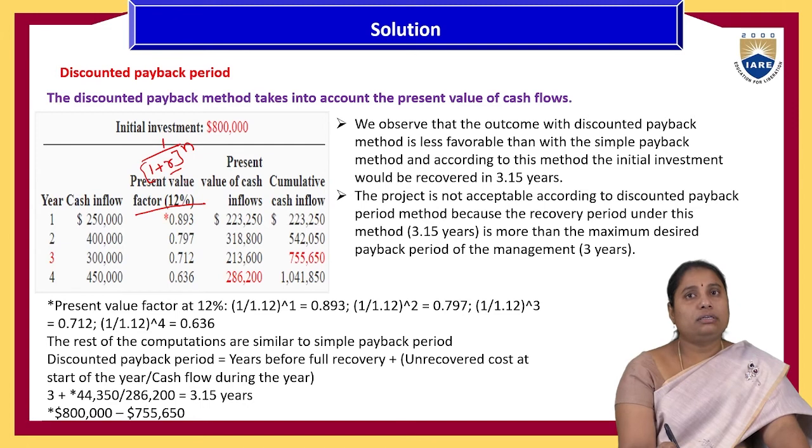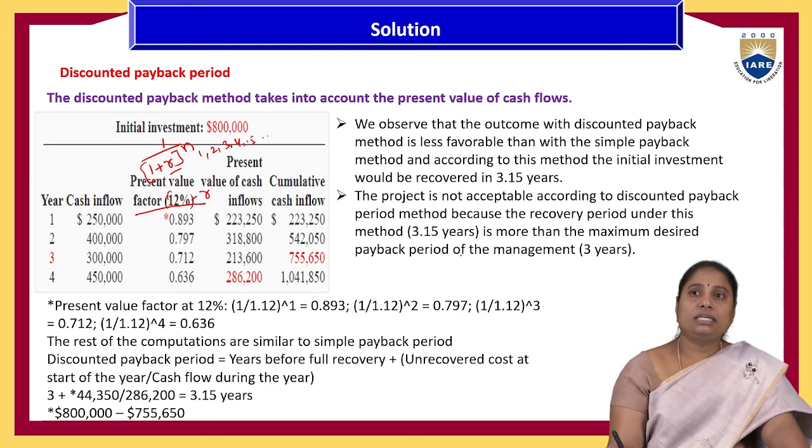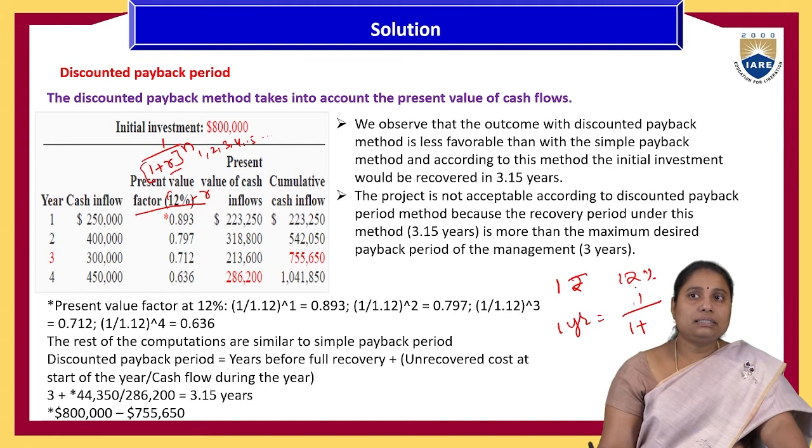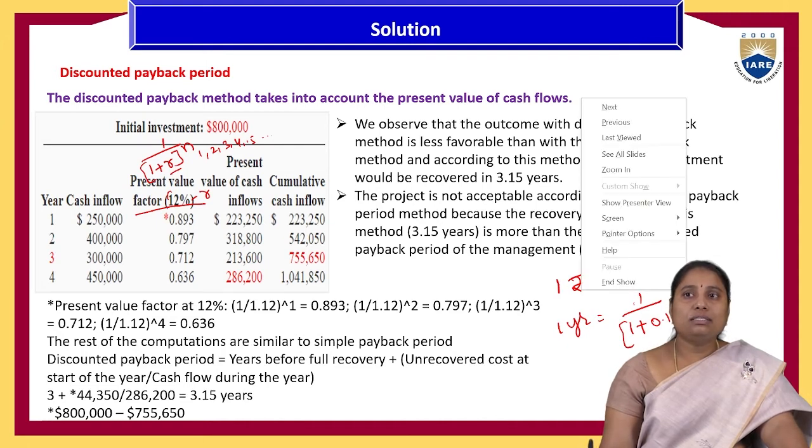If they have given 12% or 10%, this value will be taken as the R value, and for the number of years, first year, second year, third year, fourth year, the number of years will be taken as the N value. For example, for 12%, if today is 1 rupee and the discount rate is 12%, after 1 year the value of that 1 rupee is 1 divided by (1 plus R), that is 0.12, whole to the power of N, where N is 1 for 1 year.